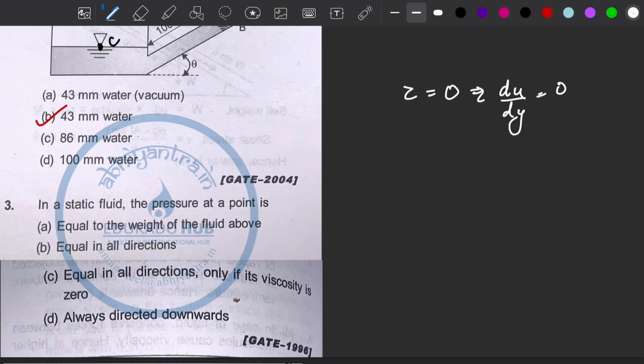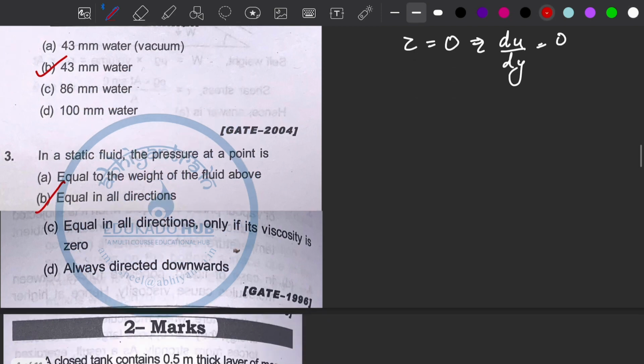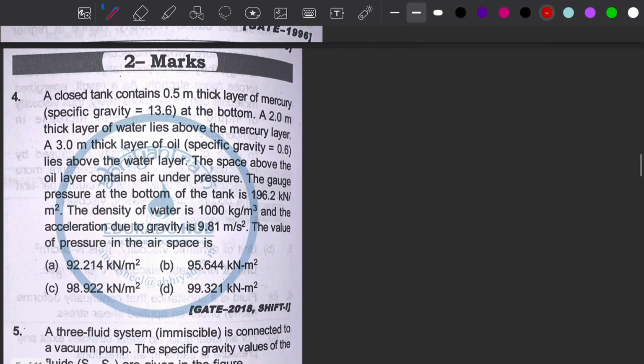And if tau equal to 0, then no shear stress exists in any direction. It is the same regardless of whether the fluid is real or ideal. So the pressure at a point is equal in all directions is the correct option. Let's move on to 2 marks questions.